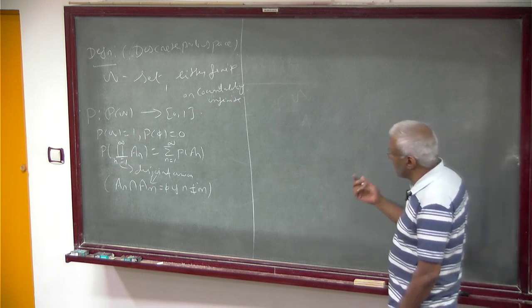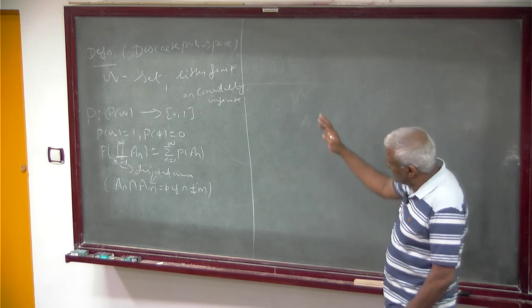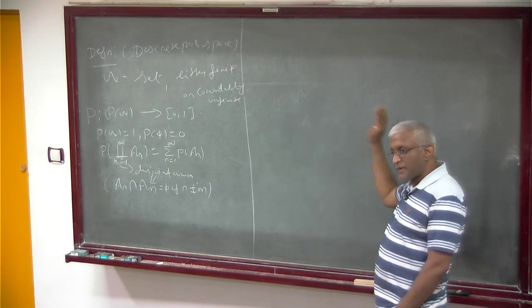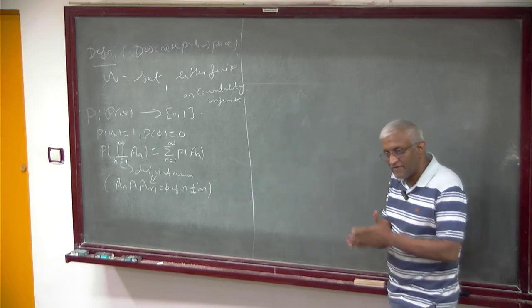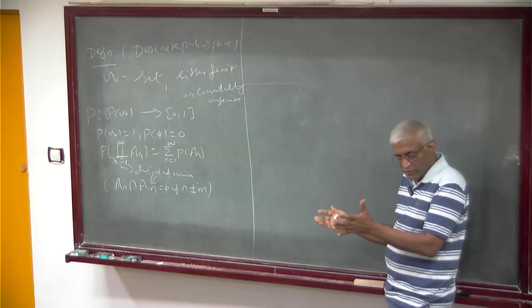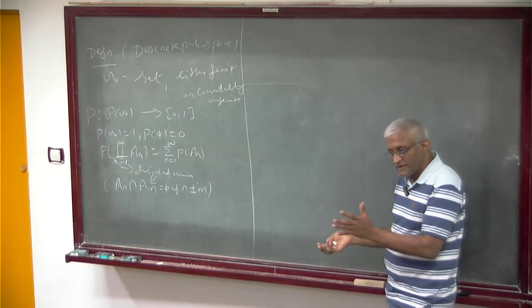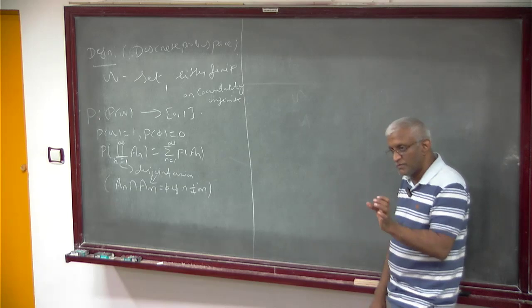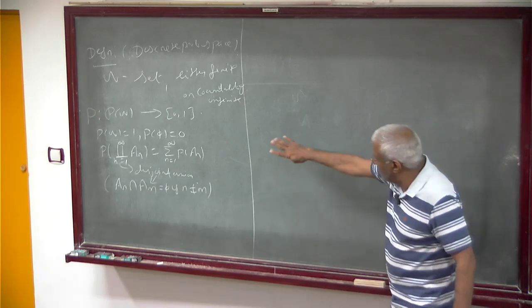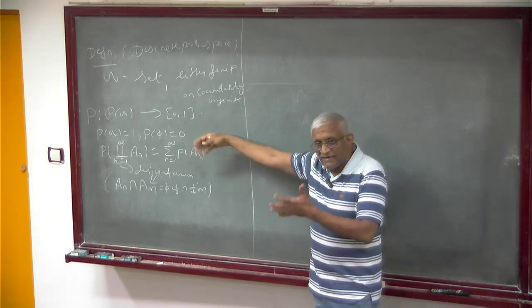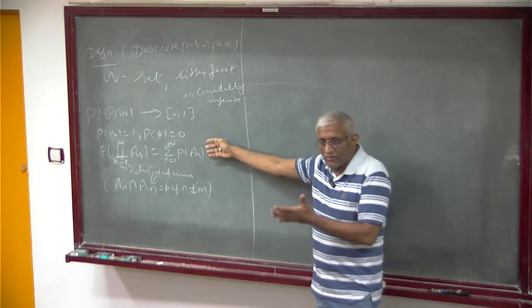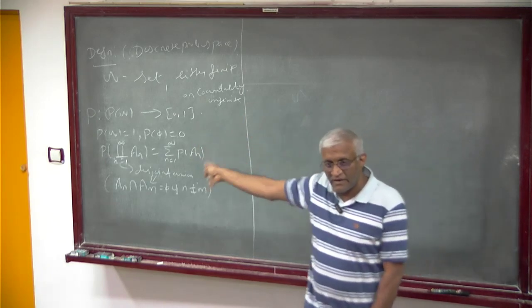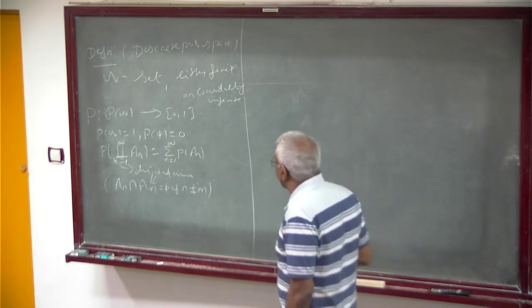When you have a random variable, this probability space will induce a probability on the range of the random variable, where it takes its values. So that will give a new probability space, and this will be behind the screen. We will not worry about what omega is, what P is and all that.